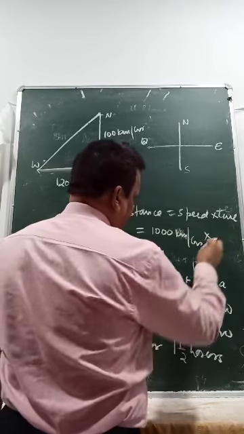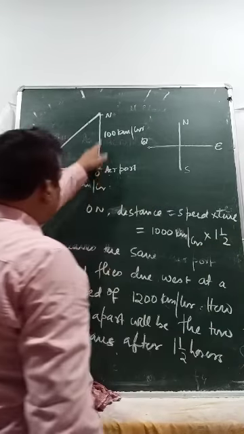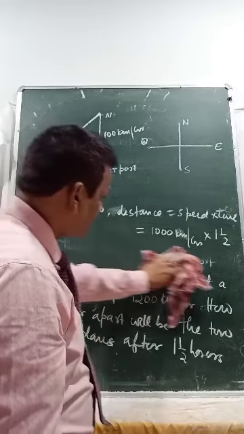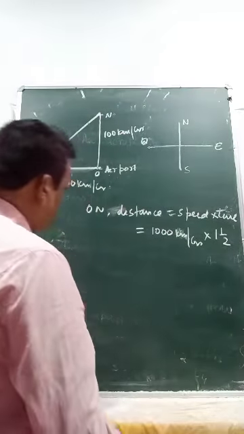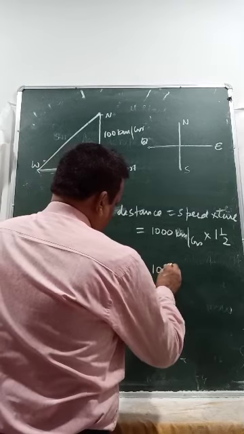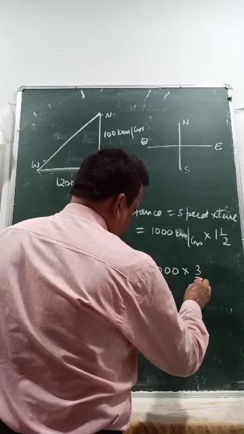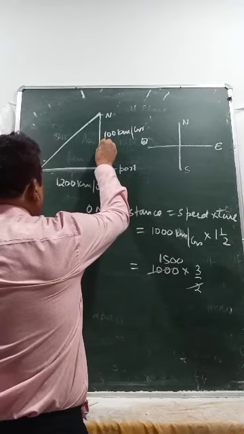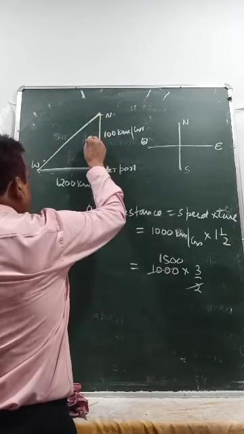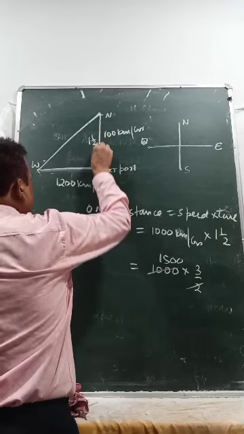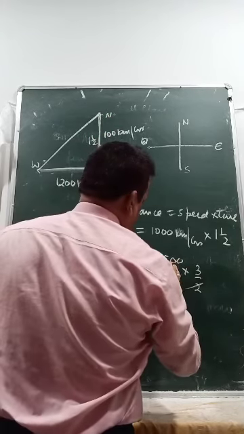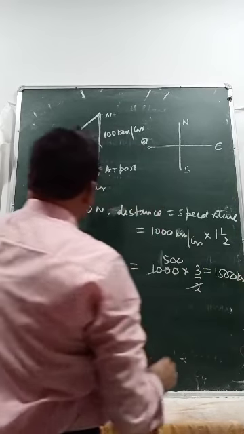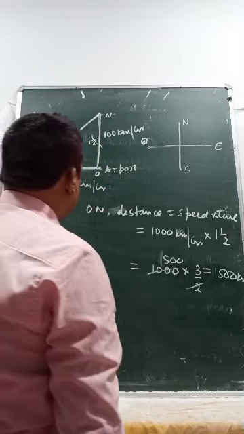Time is 1.5 hour because they are flying for 1.5 hour. So this will be 1000 into 3/2. Though it is going in this direction, after 1.5 hour, this distance will be 1500 kilometer. So this distance is 1500 kilometer.